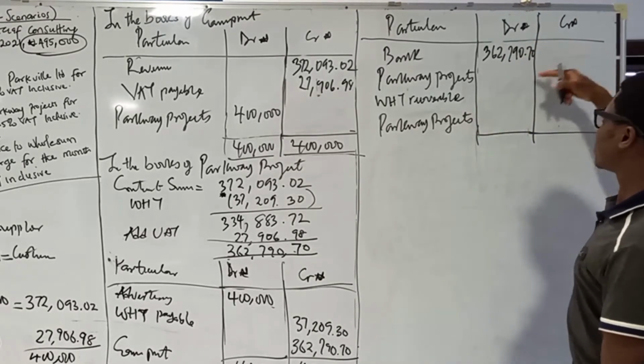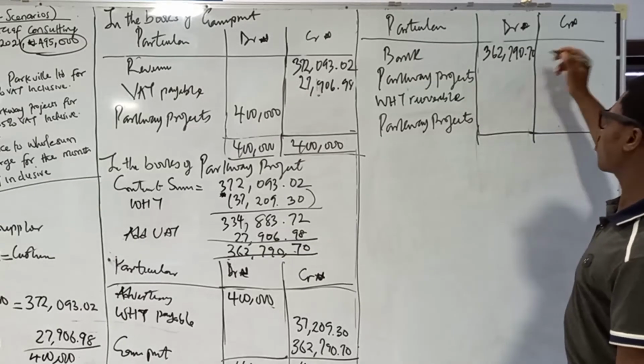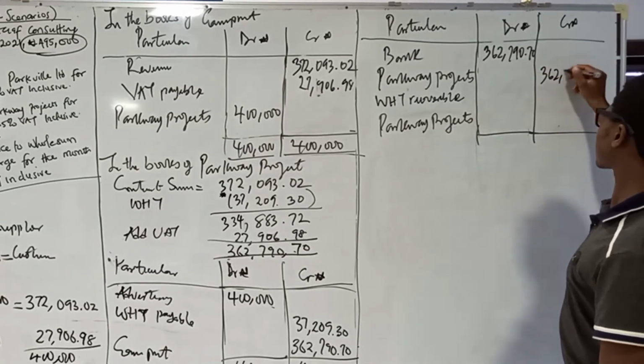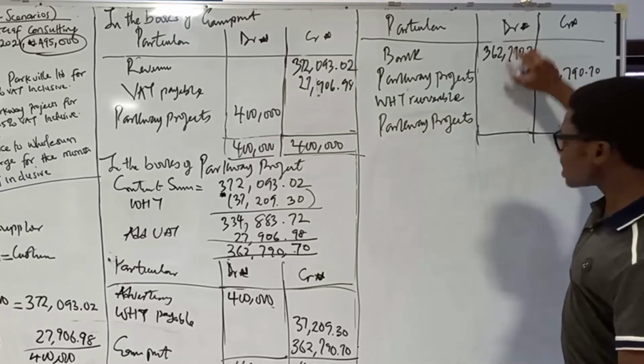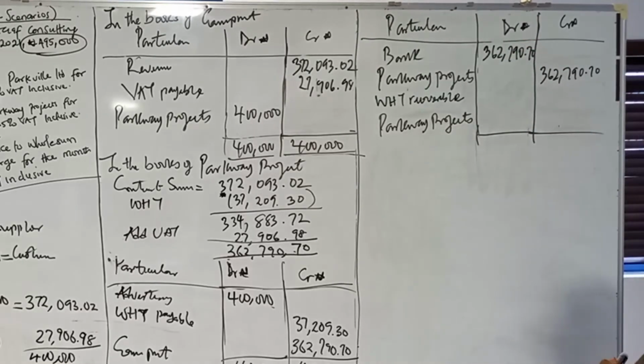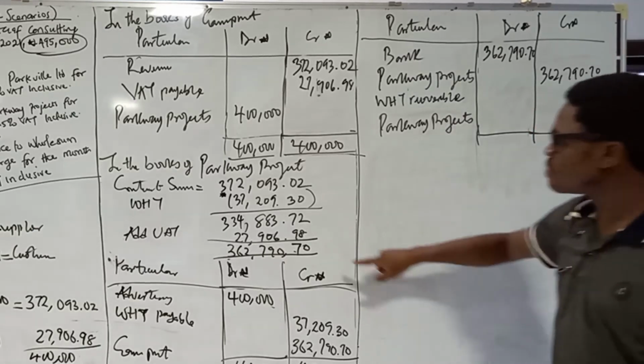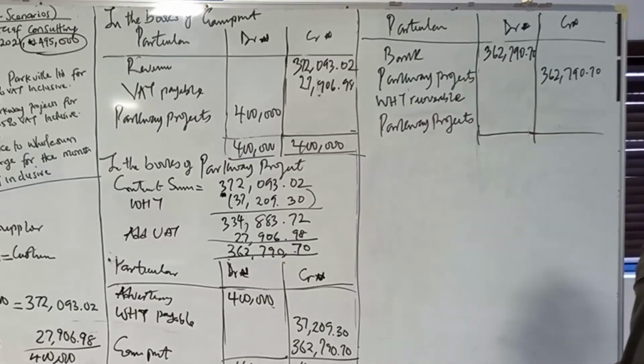The Pathway project account in the books of Graceman will be credited with this. Based on this first treatment, the books of Graceman will still have it that Pathway project limited is owing them a balance.